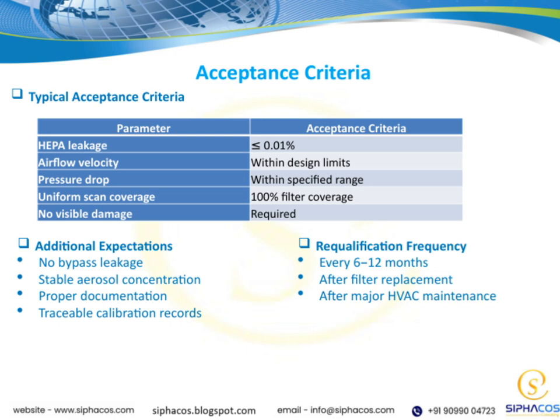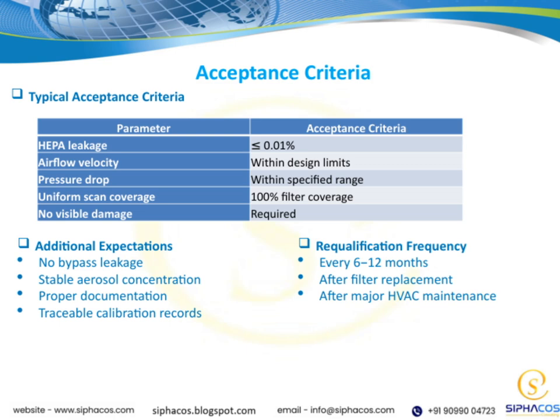Let's review the key parameters and their acceptance criteria. For HEPA leakage, the acceptable limit is less than or equal to 0.01%. Airflow velocity must stay within the design limits to ensure proper airflow. Pressure drop should be within the specified range to avoid overworking the system.